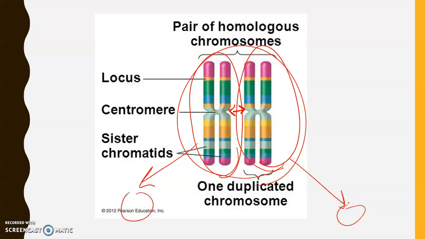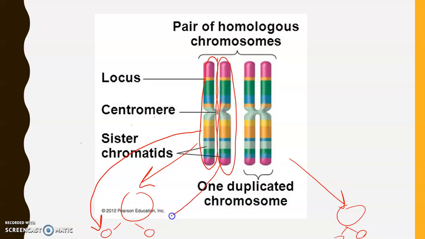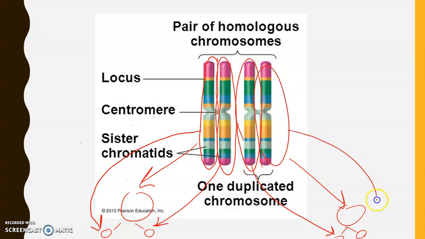So that's the 2 that you get, right? And then in meiosis 2, in your second division, where you end up with 4 daughter cells, each one of those daughter cells is going to have one of these. So this daughter cell might get this one. The next daughter cell might get this one. The next would get this one. And the last daughter cell would get this one.